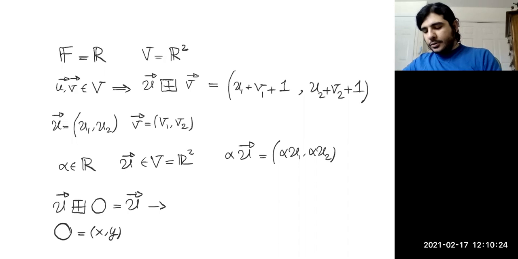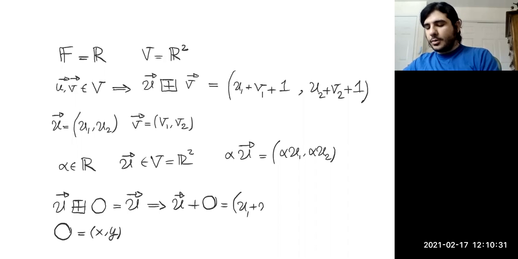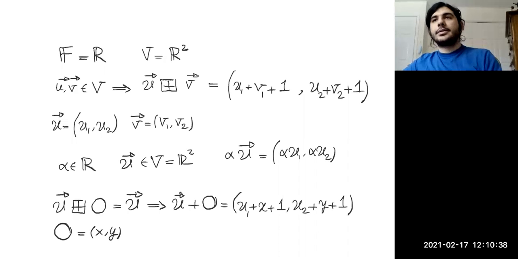Therefore, U plus O would be U1 plus X plus 1 and U2 plus Y plus 1. Correct? We want this thing to be equal to U, right?